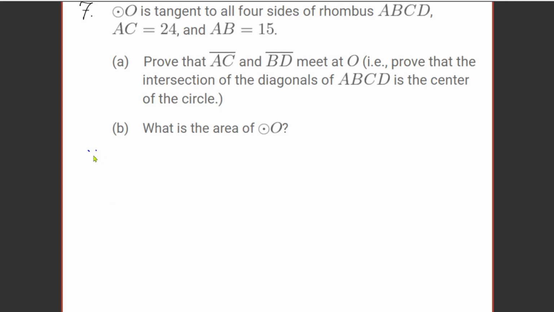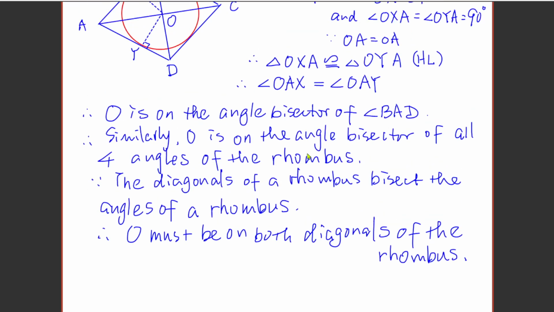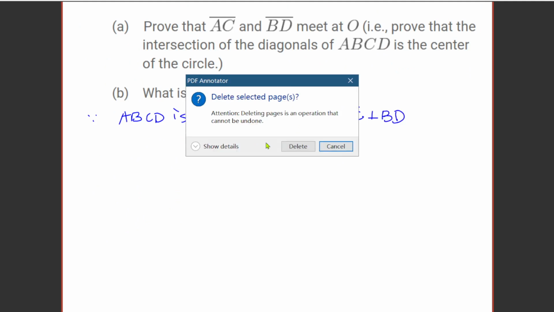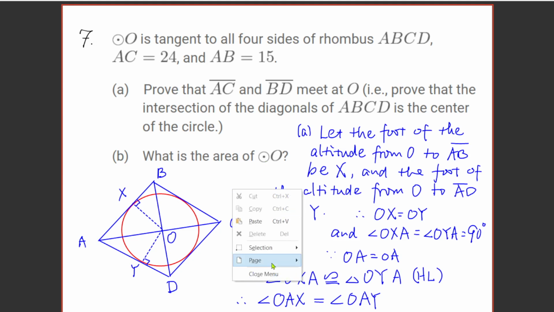Okay, first of all, because ABCD is a rhombus, we know that AC must be perpendicular to BD, right? Let's keep the diagram.